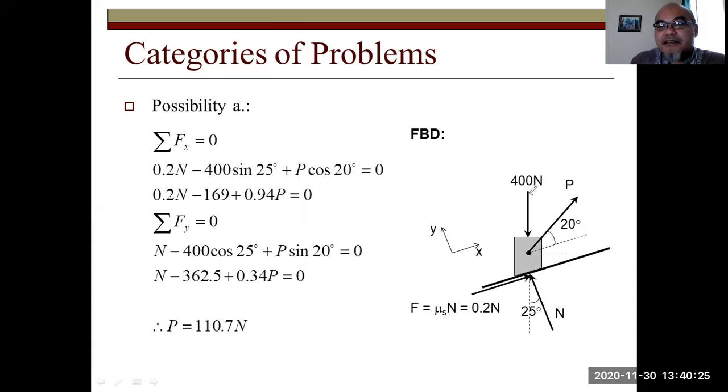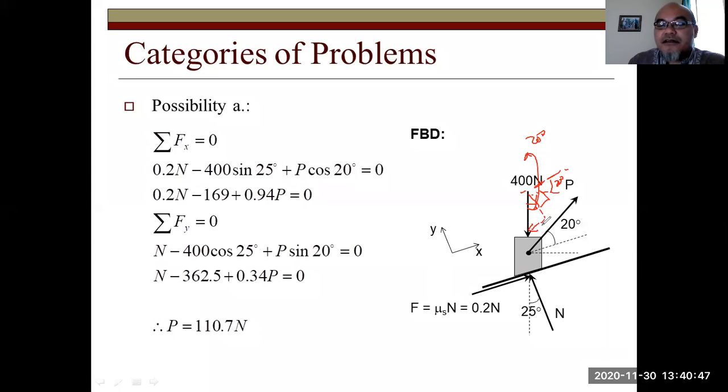So this is basically from here. If this is like this and this is this angle, this is 20 degrees. This is 90 degrees and this is also 90 degrees, so this angle is also 20 degrees.